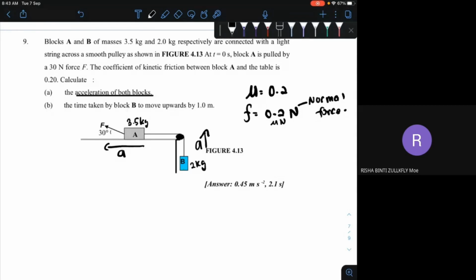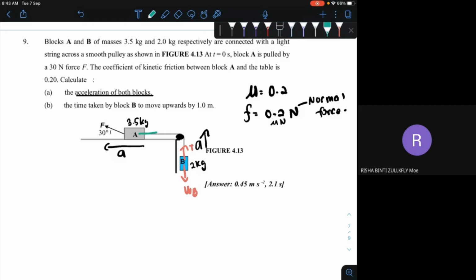Okay. Apa yang kita akan buat dekat sini adalah kita akan start dengan identifying forces dululah. So kamu akan ada untuk B, tension dan juga weight. Tension experienced by object B akan sama dengan tension experienced by object A sebab they are connected across the same string.